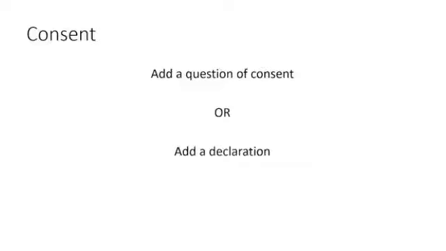Either ask a little question, do you agree to participate in this research, and if they say yes, they will move into the research, and if they say no, they will be taken out of the questionnaire. Or you can say that by answering any of the questions below, you agree to take part in the research. Either of these techniques would cover you on the consent.